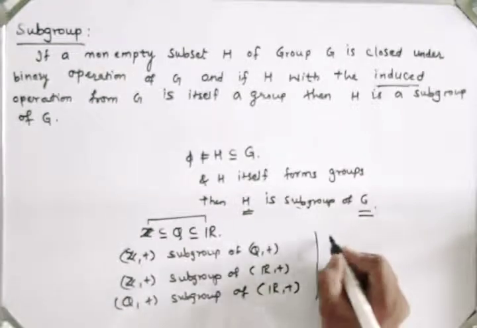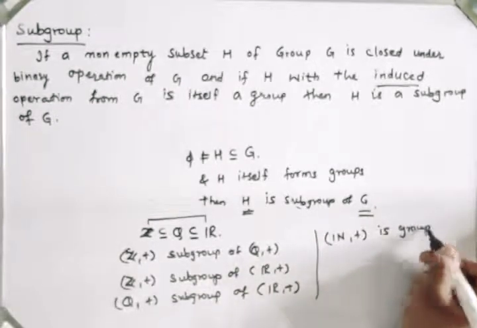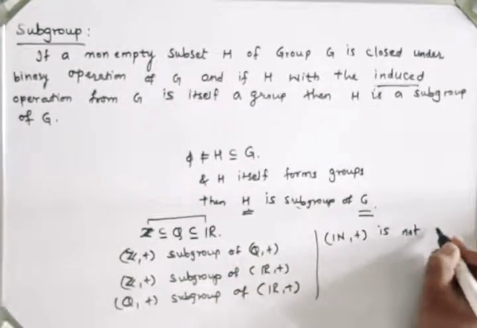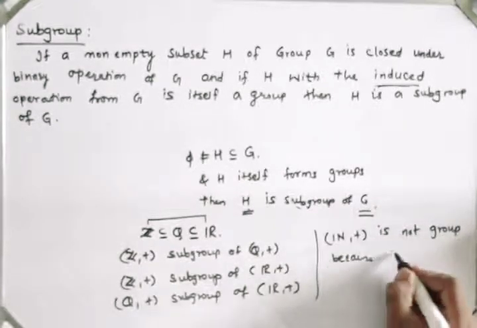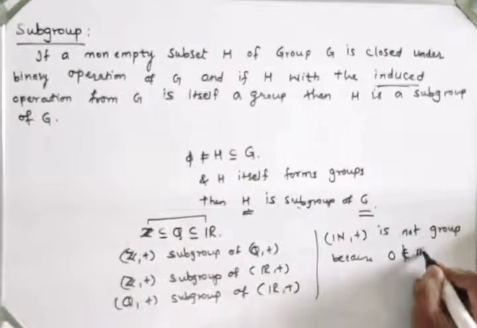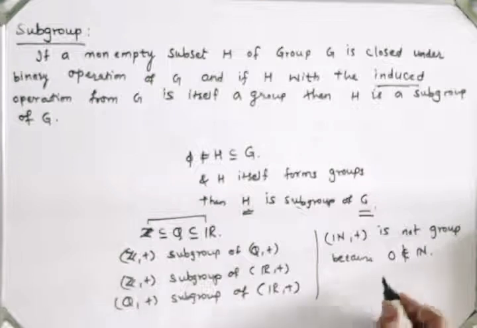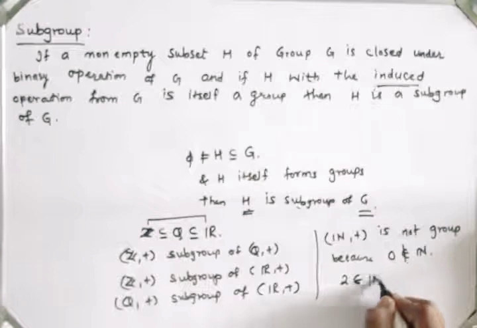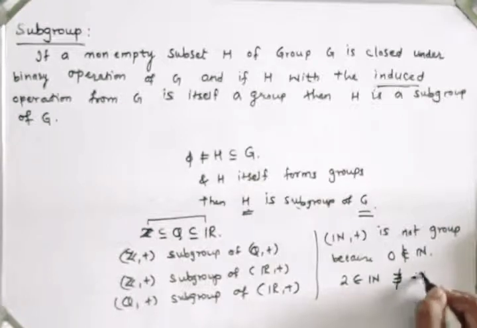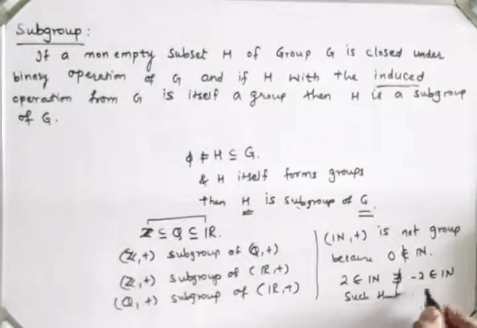And the set of natural numbers under addition is not a group because 0 does not belong to the natural numbers, so the identity element does not exist. Also the inverse does not exist: suppose 2 belongs to the natural numbers, there does not exist minus 2 in the natural numbers such that 2 plus minus 2 is equal to 0.